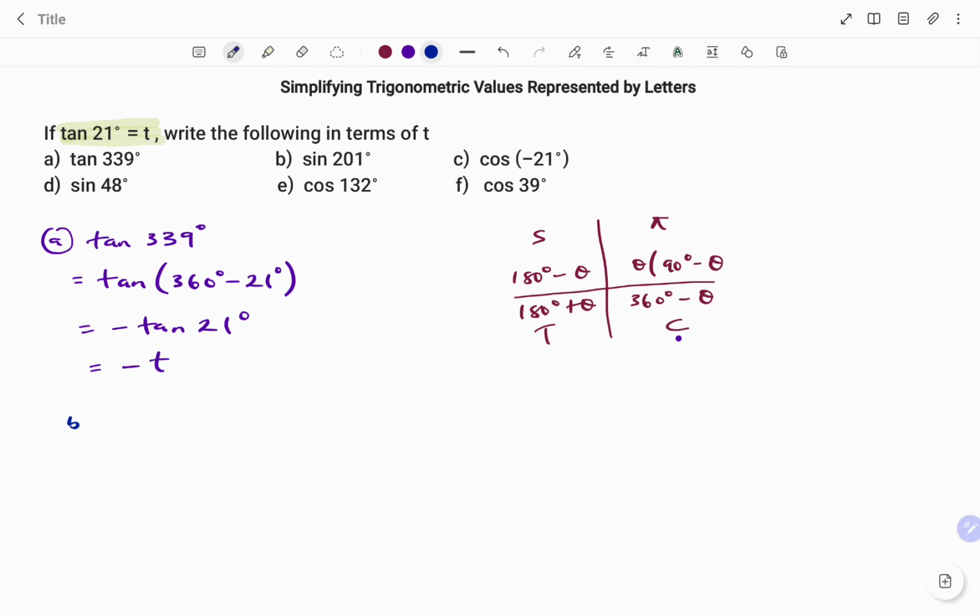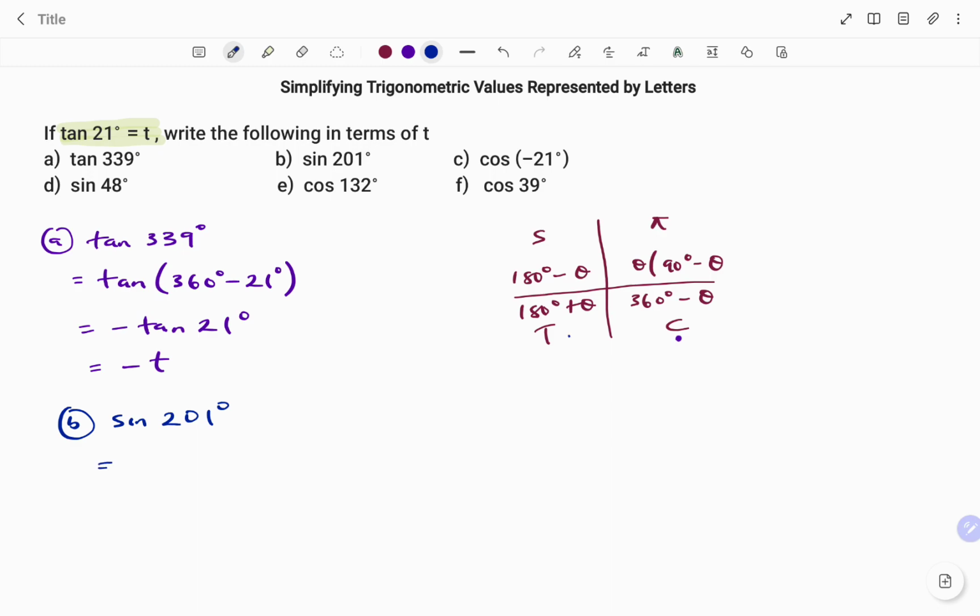For B, we have sine 201 degrees. To break down sine 201 degrees using a CAST diagram, that falls in the third quadrant.